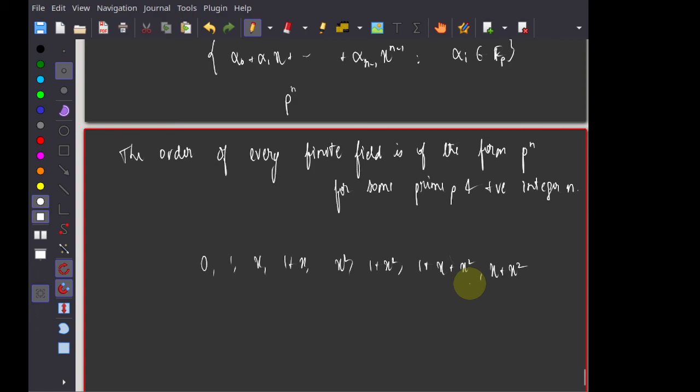Correct. No matter which polynomial you use, effectively you are getting the same field, but it's going to look different. But the algebraic structure is exactly the same.